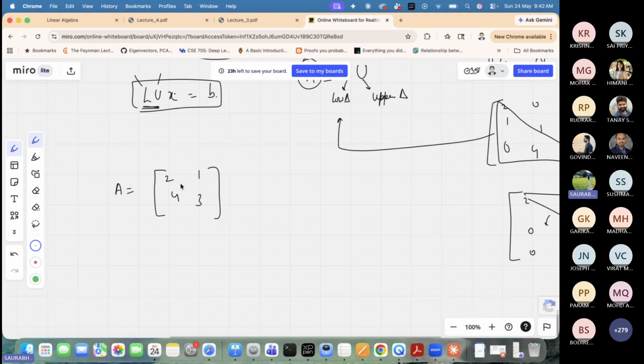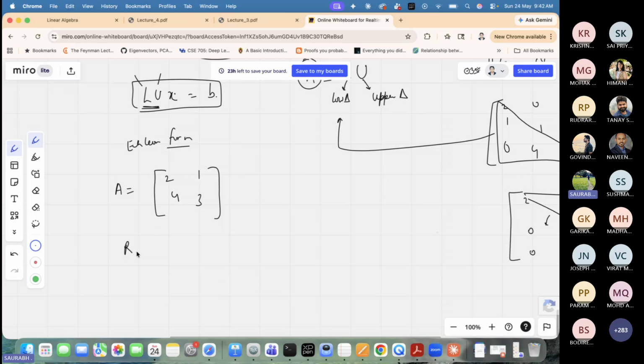Now let's say that we want the row echelon form, not the reduced one, because I don't want to divide 2 by 1, 2 by 2. To find the echelon form of this matrix, what do I need to do?